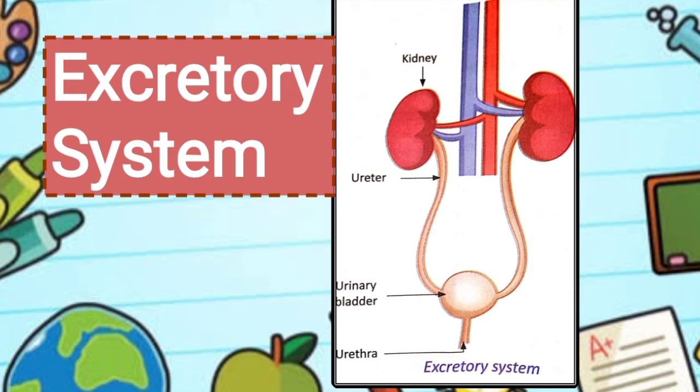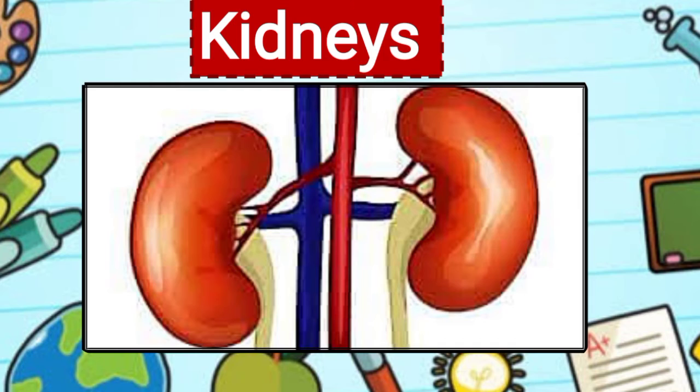So let's understand them in detail. First organ is the kidney. The kidneys are the main organ of the excretory system, and each individual has a pair of kidneys located on each side of the spine at the level of the liver.